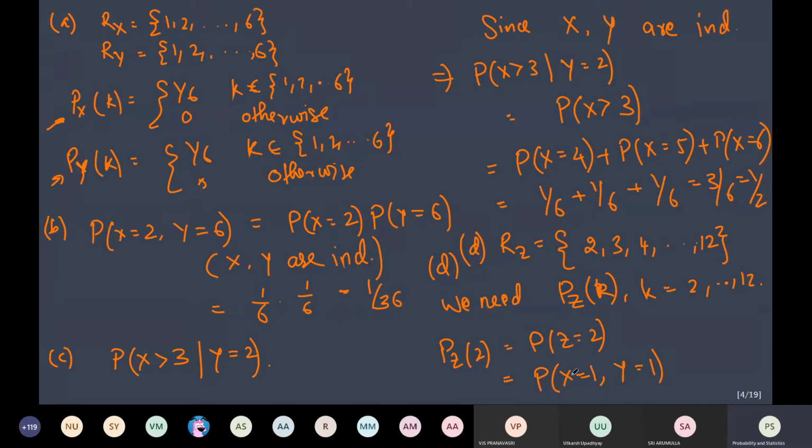Now it boils down to this, and we know that X and Y are independent. So P_Z(2) is the probability that X equals 1 and Y is equal to 1.